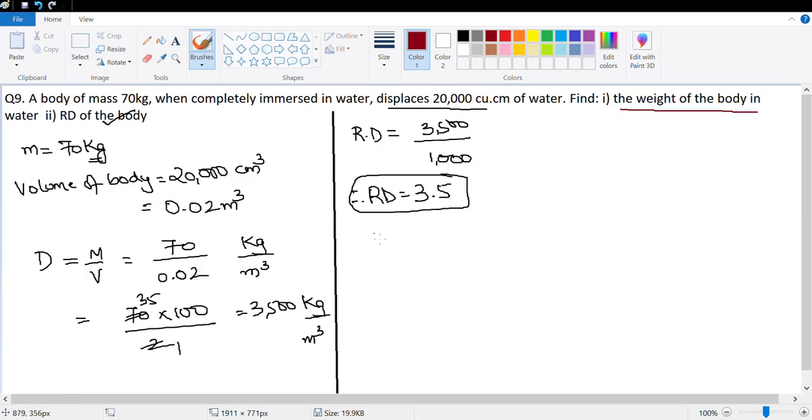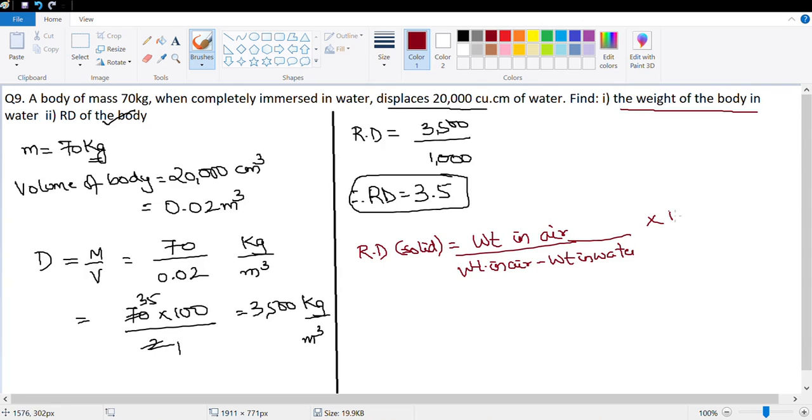So using the formula, we know relative density of solid would be equal to weight in air divided by weight in air minus weight in water multiplied with relative density of water. In this case, the fluid is water.